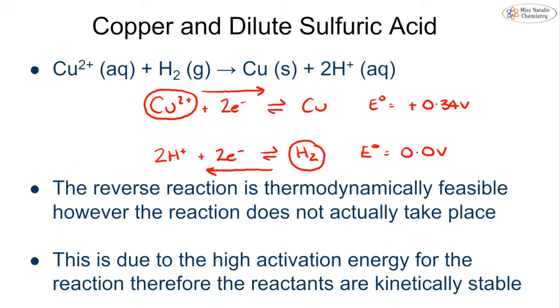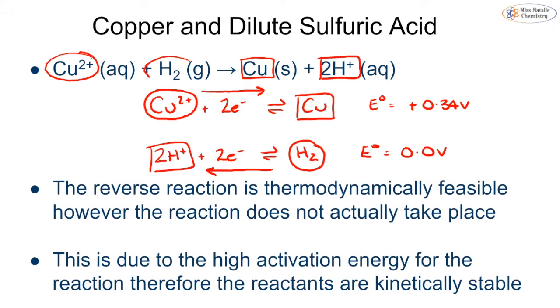That's shifting the position of equilibrium to the left, giving us the reactants and products that we want. So this reverse reaction is thermodynamically feasible based on the information that we're given with these standard electrode potentials and with the equilibriums, because this time our equilibrium is backing it up.